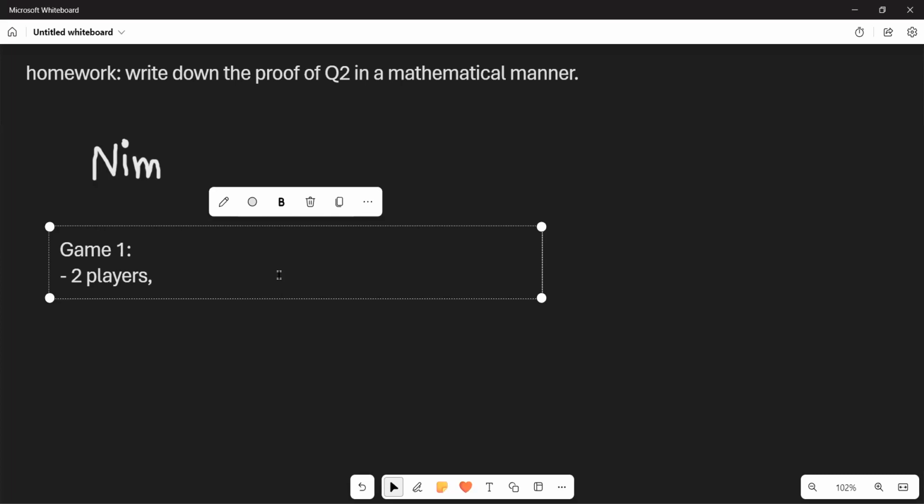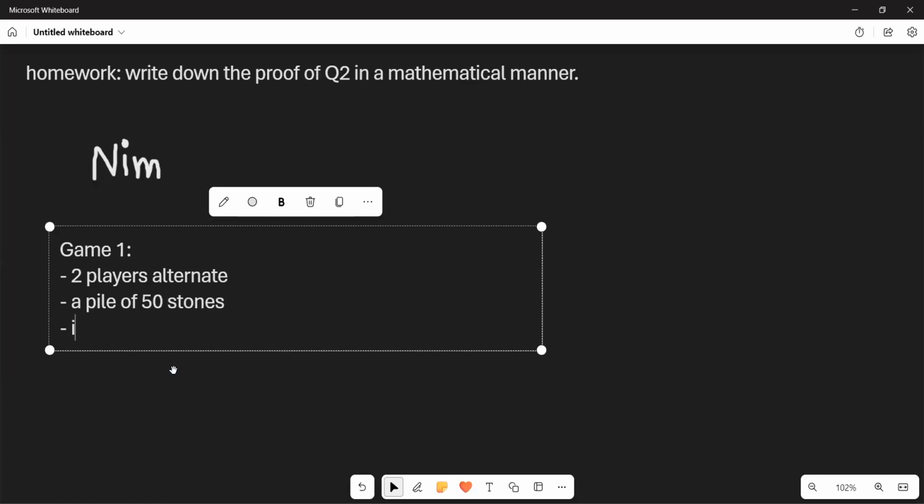So here's how the first game goes. Again, we have two players, and they alternate. We have a pile of 10 stones. Or let's actually make it harder, some big number, 361, 50.